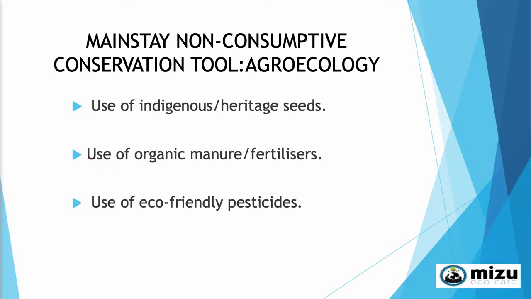So that takes away the need to buy seeds or receive seeds from the government. So that's a reduction in cost already. It promotes the use of organic manure. So that means you take out the use of artificial fertilizers that are again expensive and have to be supplied by government. It promotes the use of eco-friendly pesticides.